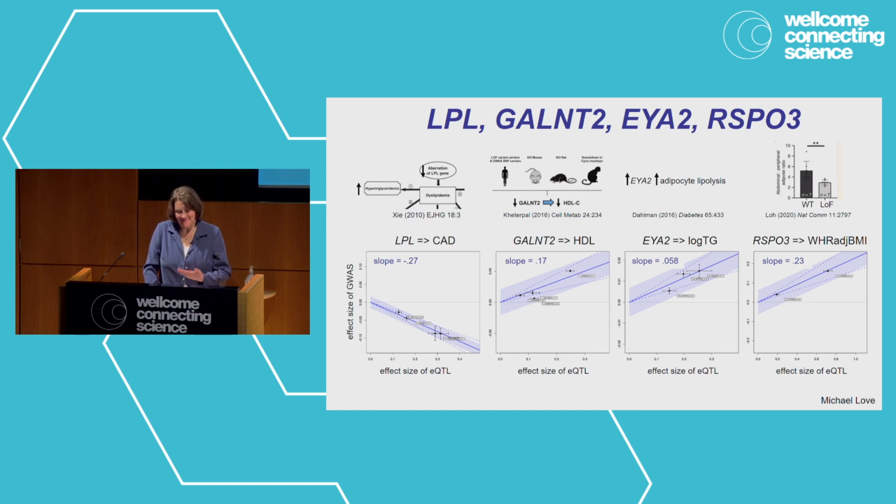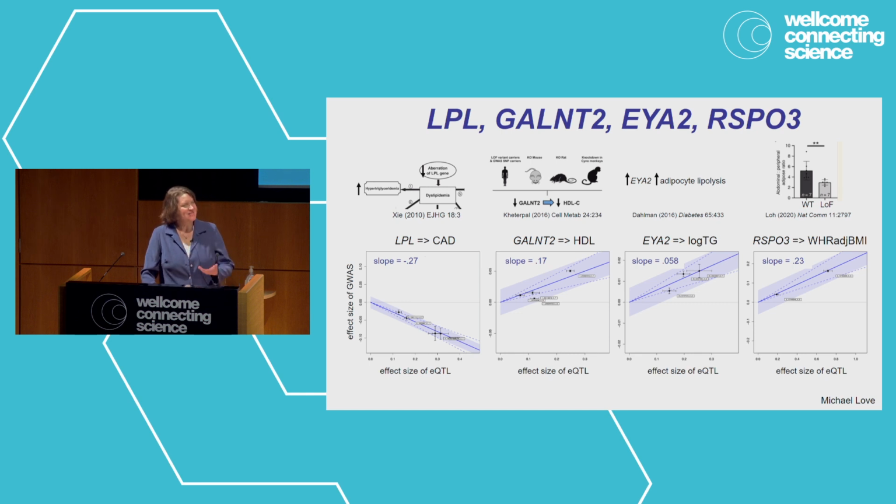The direction of effect matches what's been shown previously in multiple species about a relationship between that gene and HDL. Same with EYA2 and RSPO3. So using these approaches, when we have those allelic series, we have more confidence in naming the genes that we think are underlying the association signals.